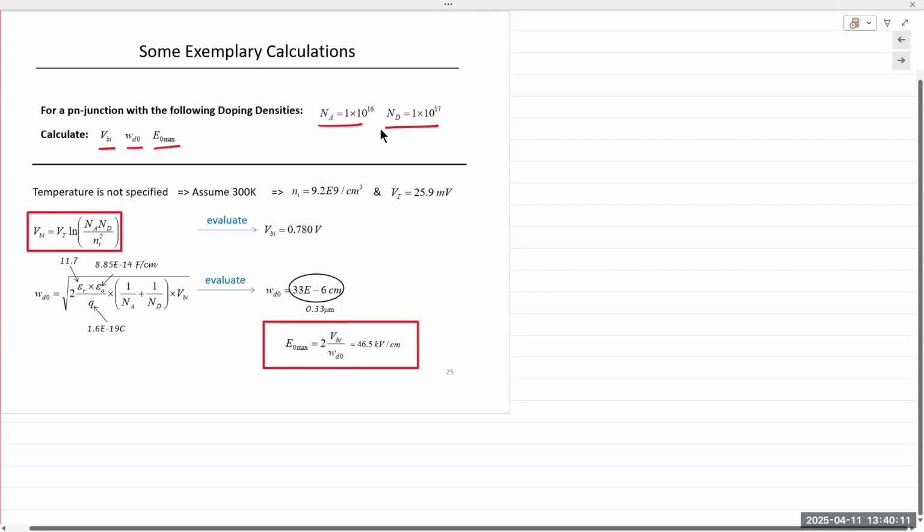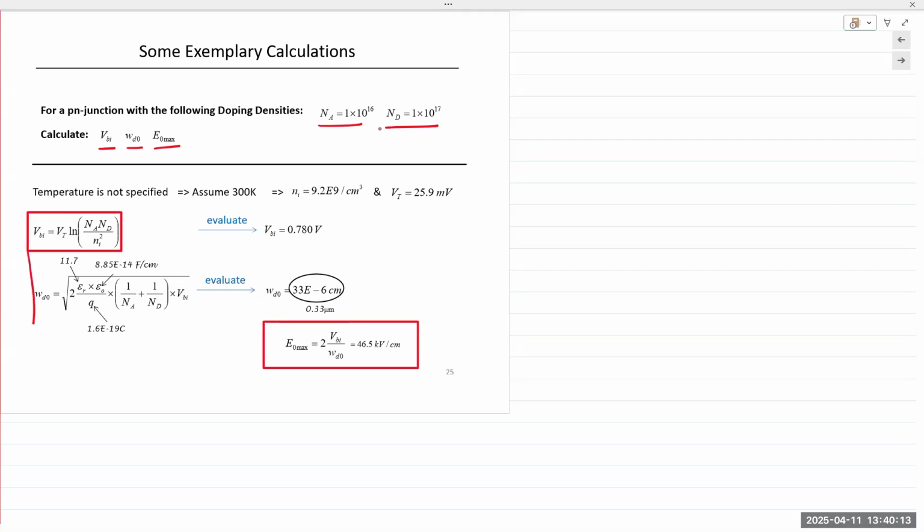And then let's see. All right, that'll work. All right, so standard equations, all you have to do is plug and solve. If you look at Emax, it requires VBI and WD. So we save that for the last. Okay. Then we first find VBI.